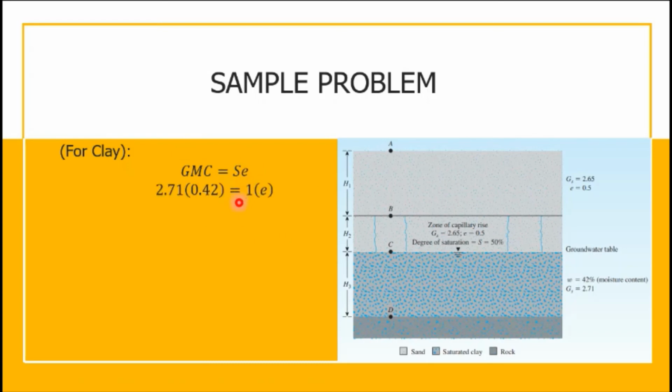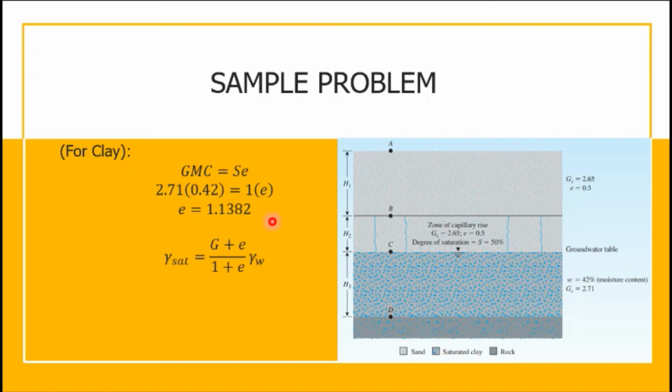By substituting the values, 2.71 multiplied by 0.42, we all know that the degree of saturation is equal to 1, even if it's not given, because it's obvious in the soil profile shown that it is below the groundwater table. That's why this will be equal to 1 multiplied by e. Therefore, we get a void ratio equal to 1.1382.